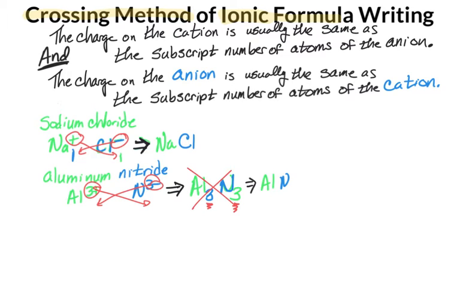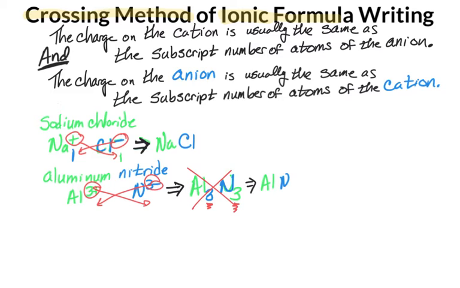Let's try antimony 5 phosphate. Again, we see it's an ionic compound. That is a salt. And we'll write the charges. Antimony is a 5+, as it says in its name. Phosphate is, in parentheses, PO4. And then the charge on the outside of the parentheses will be -3.